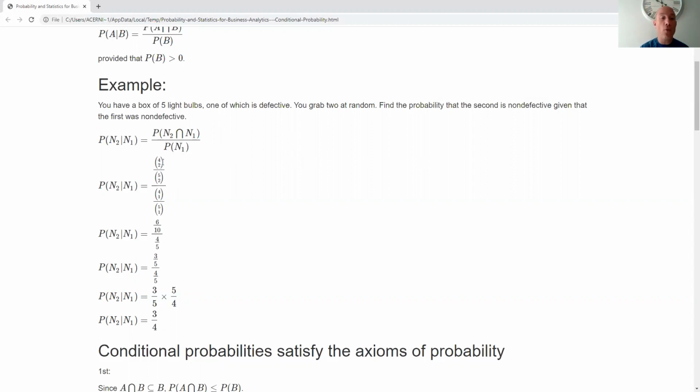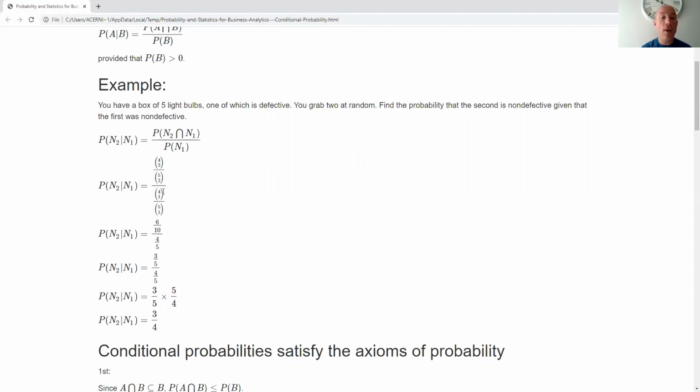This 4 choose 2 up top is me reaching in and grabbing 2 of the 4 good light bulbs. Down here, this is all the different ways I can grab 2 of the light bulbs from the box of 5. This ratio gives me the probability of grabbing 2 good light bulbs.